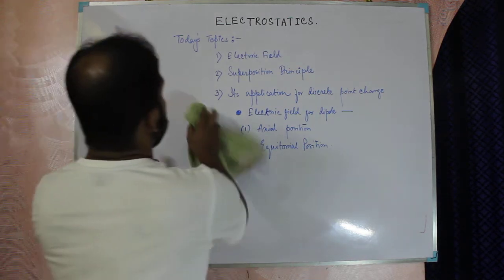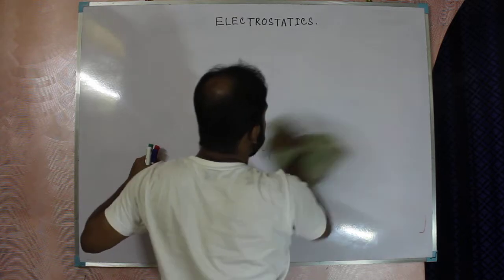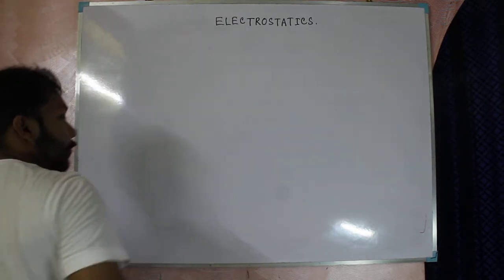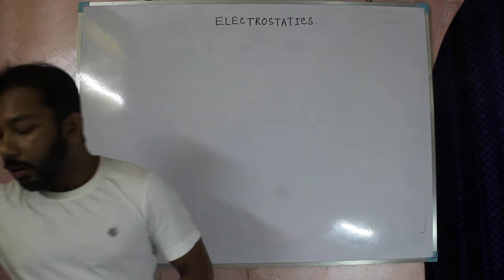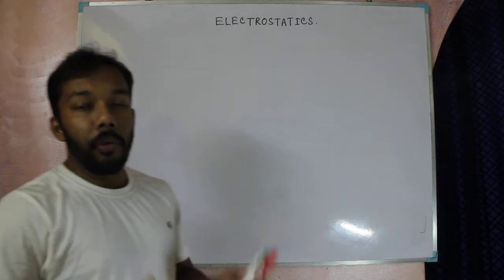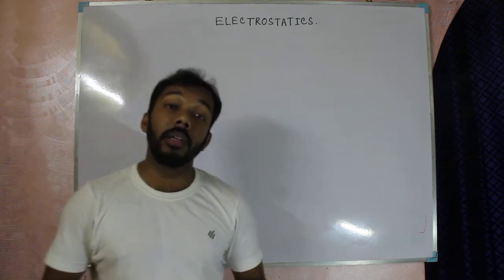Now, you can see in Coulomb's law, we have discussed there is a force between two charges, and this force has a peculiar nature. It is actually called central force.